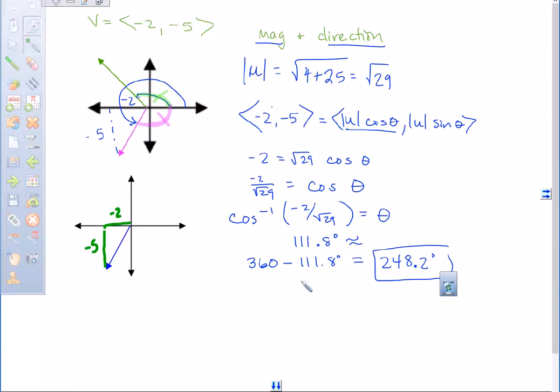There's a couple things we could do. We could do 360 and subtract this, because that's the same as this. The angle from here to here is 111.8, but that's not what we want. We want all the way to here. Well, we know that this is congruent to that. So if I just subtract that from 360, I get that the direction would be 248.2 degrees.